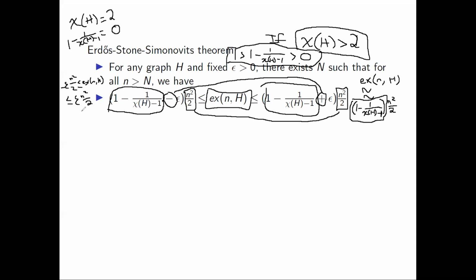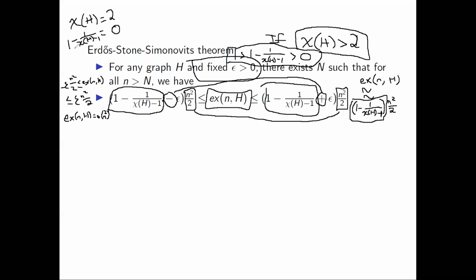And it's saying that that's true for any fixed epsilon greater than 0. So we can make epsilon arbitrarily small. So all this is telling us is that ex(n, H) equals little o of n squared. And we already knew this from the Kővári-Sós-Turán theorem.